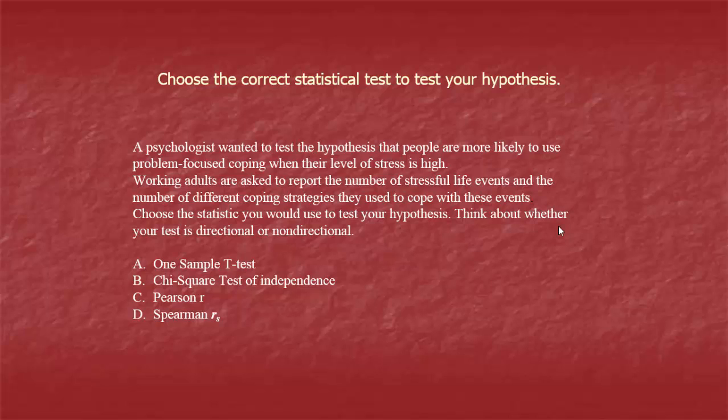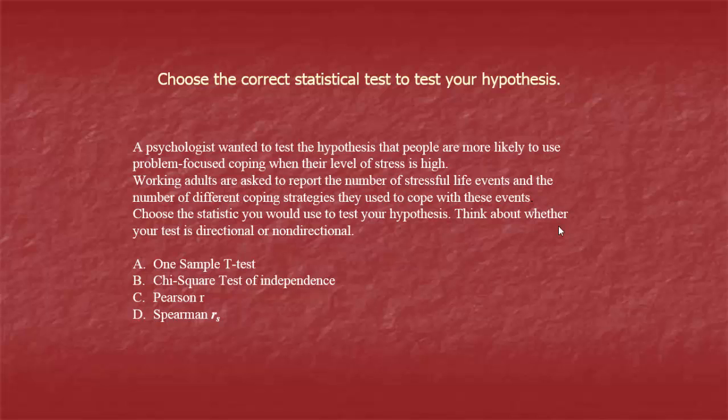It might also be useful for us to think about whether your test is directional or non-directional, but I'm not going to ask you to do that for all of these. For those of you unfamiliar with that, if it's directional, that means your hypothesis is in a particular direction. For example, if you were doing a correlational study, a directional hypothesis would be that the correlation is positive, or a different directional hypothesis would be that the correlation is negative.